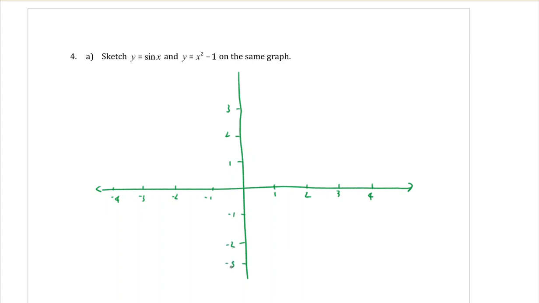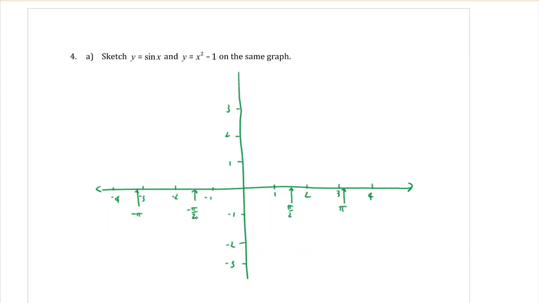Okay, now because I'm sketching the sine graph, pi is just past the 3 here, so there's pi. Half of pi is about 1.57, it's about there. So that's my pi over 2. Negative pi will be just past the -3, and negative pi over 2 will be at -1.57.